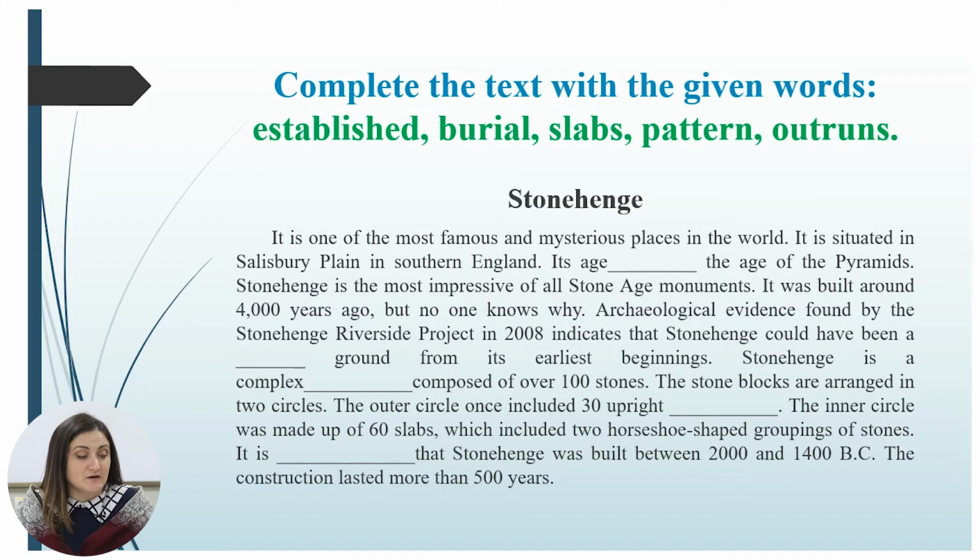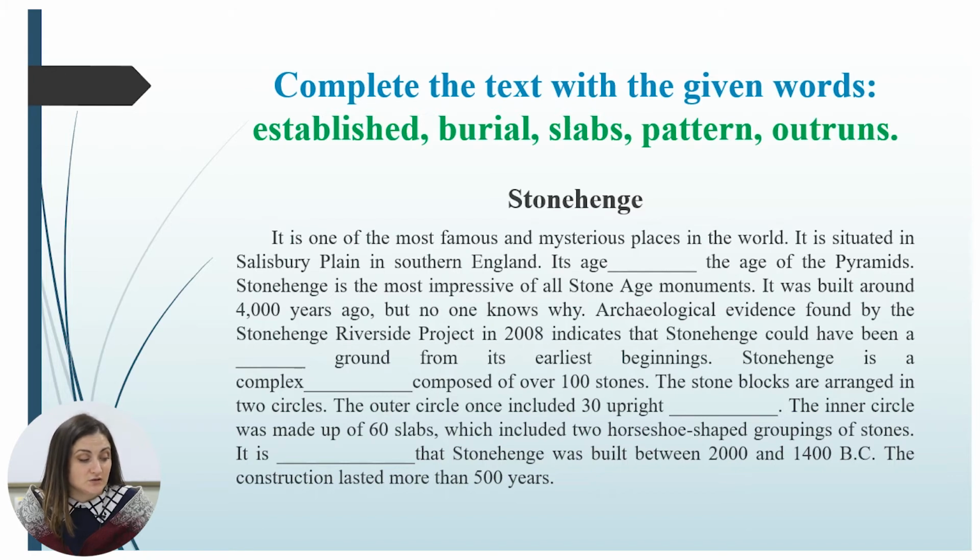Archaeological evidence found by the Stonehenge Riverside Project in 2008 indicates that Stonehenge could have been a burial ground from its earliest beginning. Stonehenge is a complex pattern composed of over 100 stones. The stone blocks are arranged in two circles.